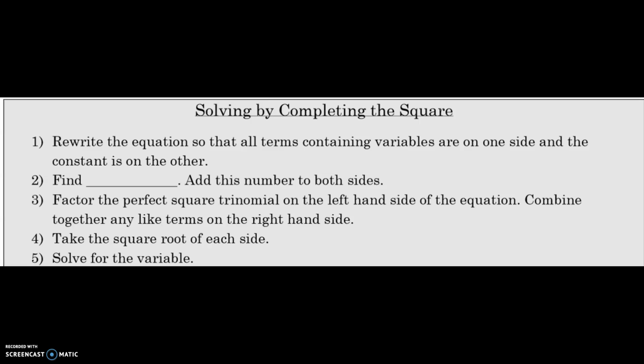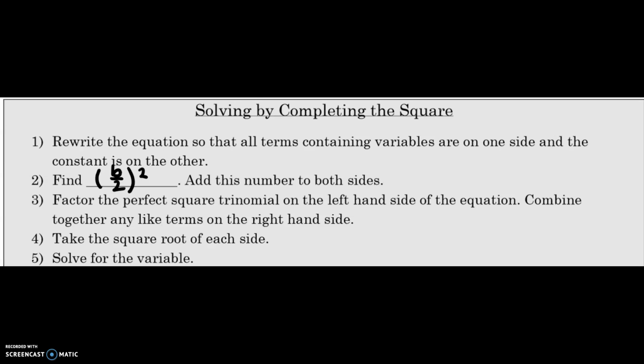Now let's talk about how to solve a quadratic function by completing the square. First, we want to rewrite the equation so that all terms containing variables are on one side of the equal sign, and then we move the constant to the other side. Next, we are going to find (b over 2) squared, and then add that term to both sides of the equation.